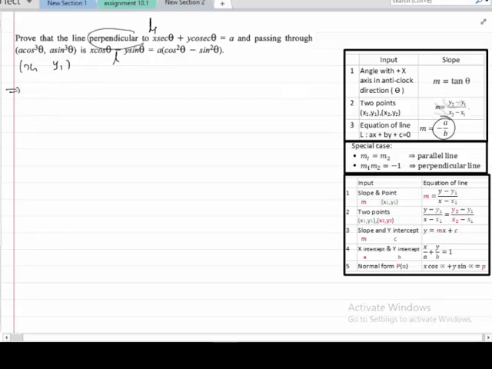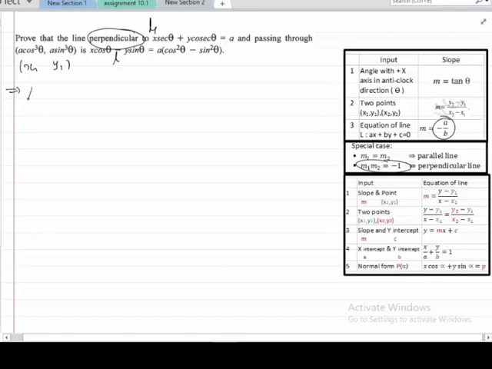This perpendicular word will help us get the slope using the property of perpendicular lines, that the product of their slopes must be minus 1, and slope point form will give the equation of the line, right?